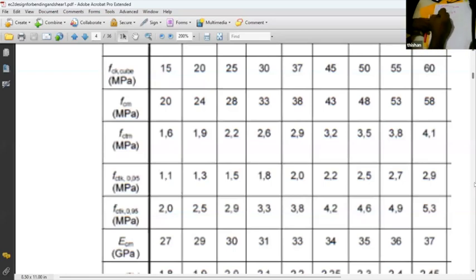So let's start with C30, 30 megapascal cube strength concrete. I told you, in concrete we get cement, sand, aggregate, water, and wet density.